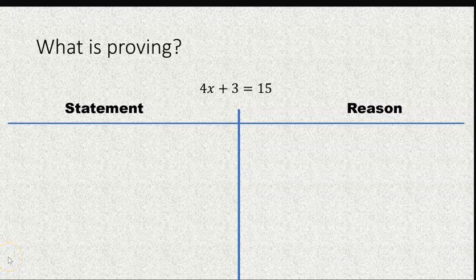Okay, let's talk about what proving is. All proving is a series of steps or statements that are backed up by justification to lead to a conclusion. So, very similar in nature to an argumentative essay that's referenced or has links to other literature, research-based documents for those of us older students.